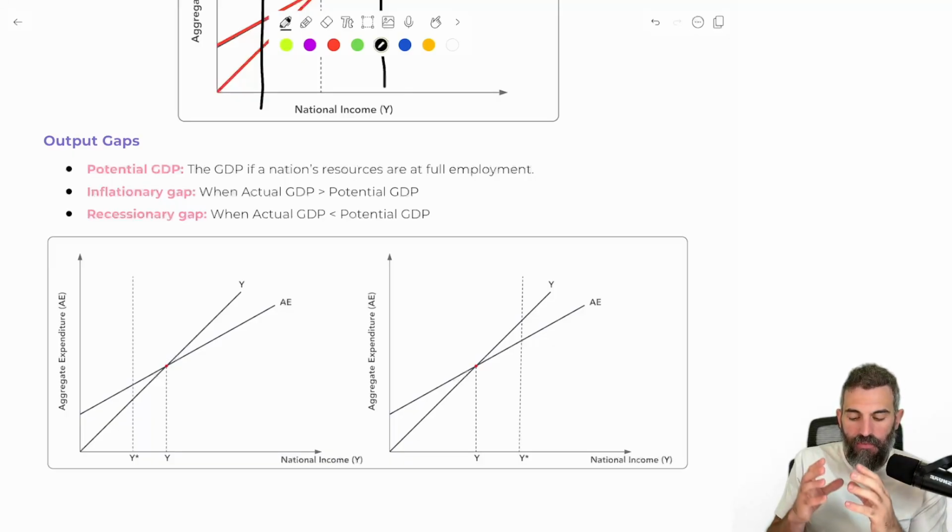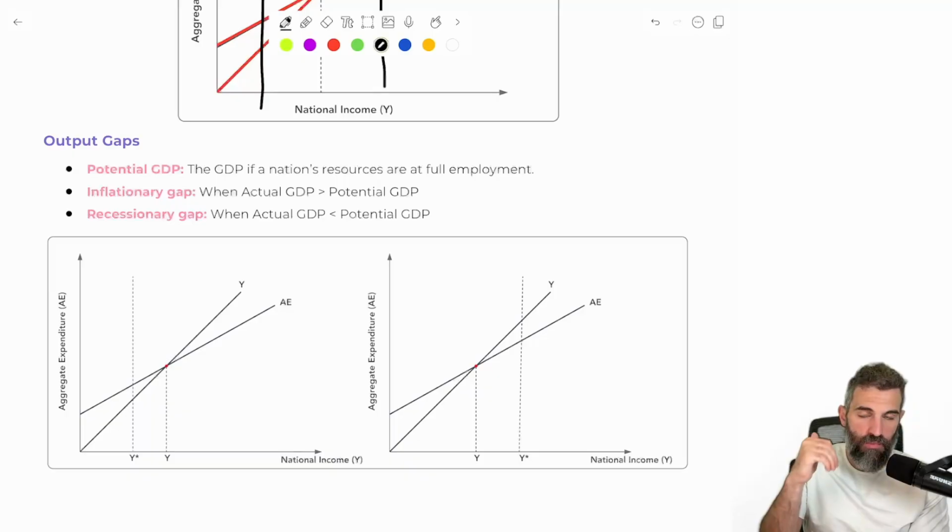Potential GDP is the GDP that a country would achieve, or the total output that a country would produce, at full employment of its factors of production. If its factors of production are not overused and not underused, they're being used at their capacity. The GDP that we would get from that is called our potential GDP.